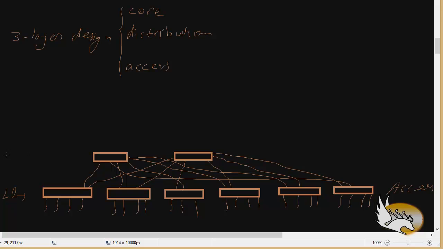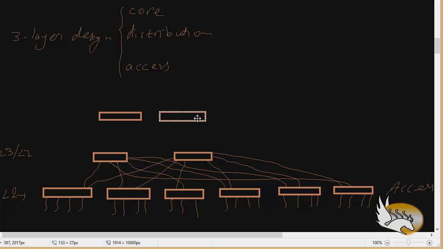Distribution switches can be layer 3 or can be layer 2. But mostly, if you want to have routing using switches, you are going to put those switches here. They are layer 3 switches mostly. So this is called the distribution layer. And of course, I have a core layer here.